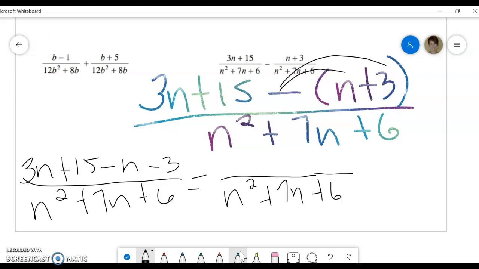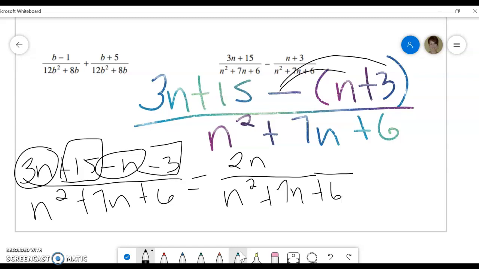So in our numerator, we have 3n minus n, so that's a 2n. And in our denominator, we have 15 minus 3, which is a positive 12. So once again, we have officially subtracted these two rational expressions, but now we need to see if it simplifies.